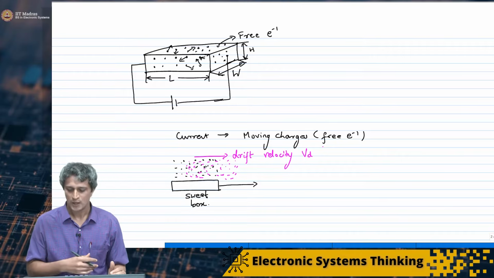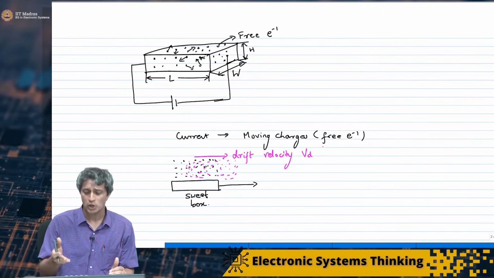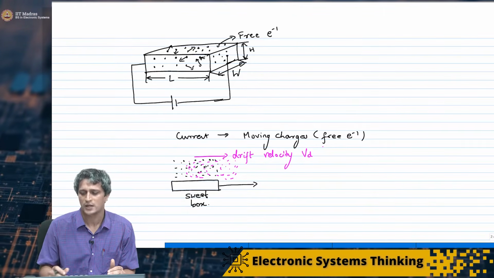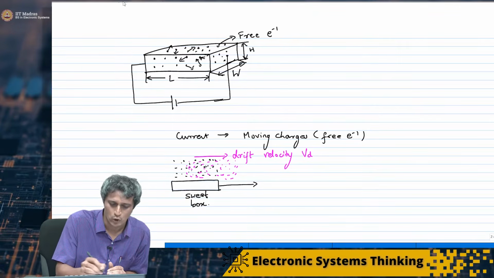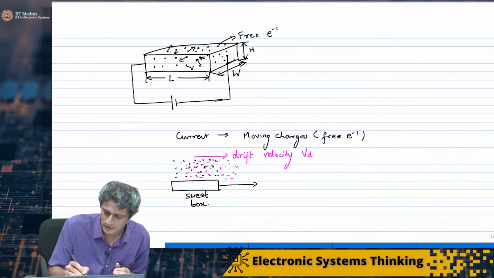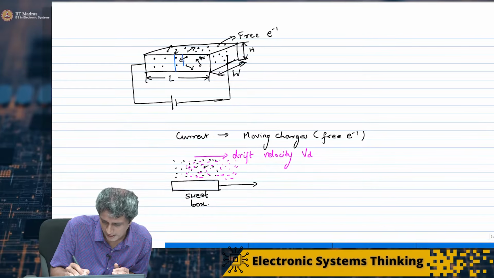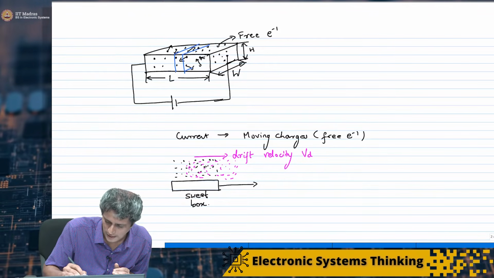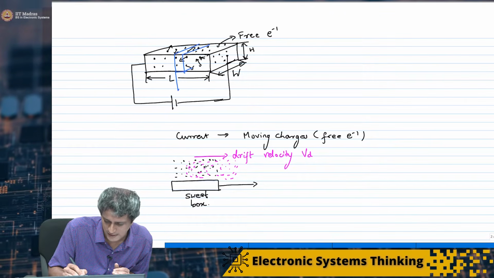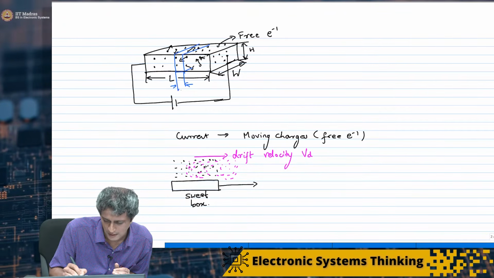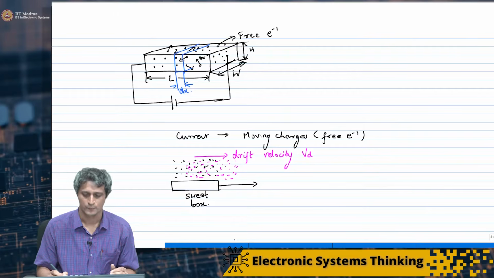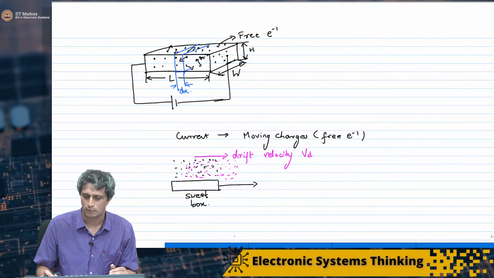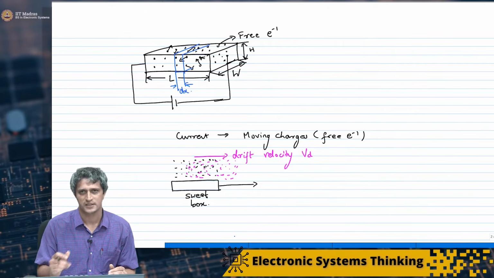So what you have to do in order to calculate the current is, you have to look at a cross section here, right? I am going to consider a cross section in this conductor, like this, and let's say this is of length dx, the width is w, and the height is still h.